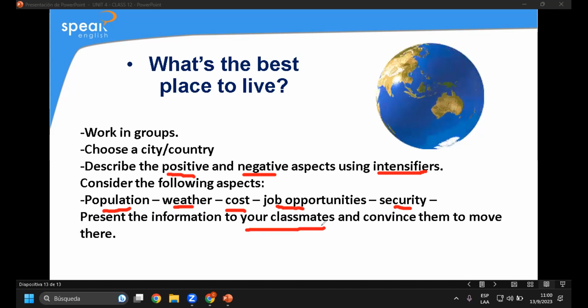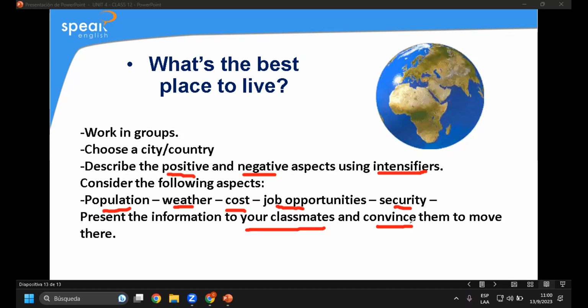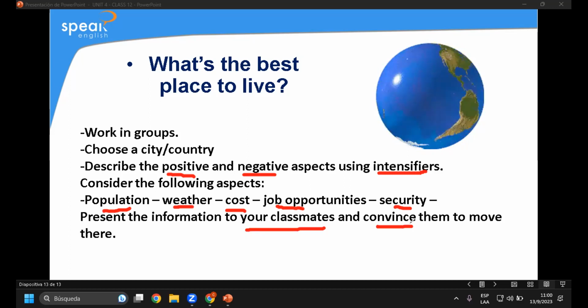The idea is that you have to convince them to move to that place. So if you are going to talk about Tokyo, you need to present very good information and try to convince your classmates to move to that place. Is the activity clear, everybody?